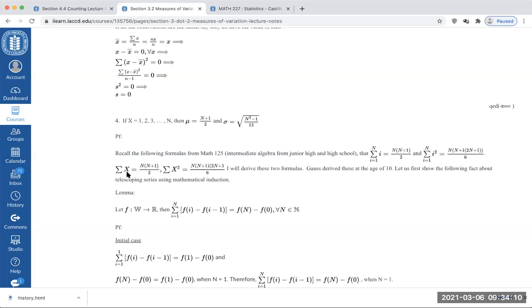Written in statistical notation, the sum of x is equal to n times n plus 1 over 2, and the sum of x squared is n times n plus 1, 2n plus 1 over 6.